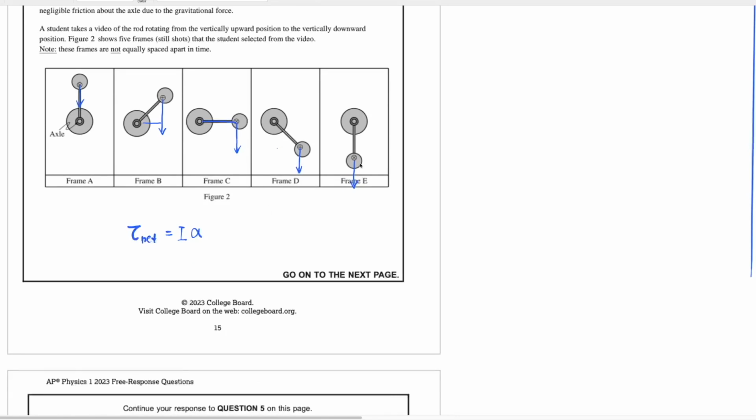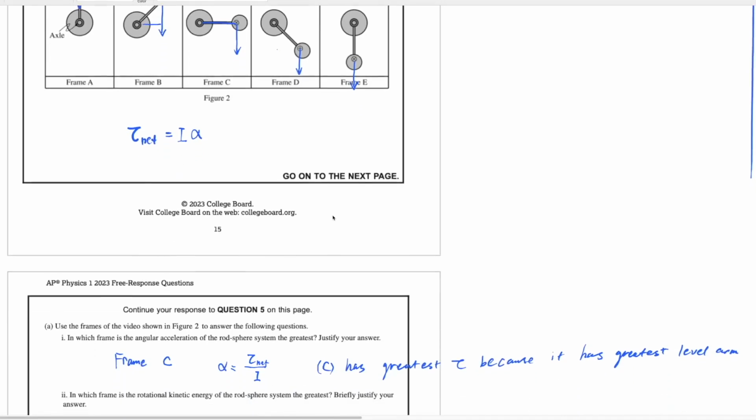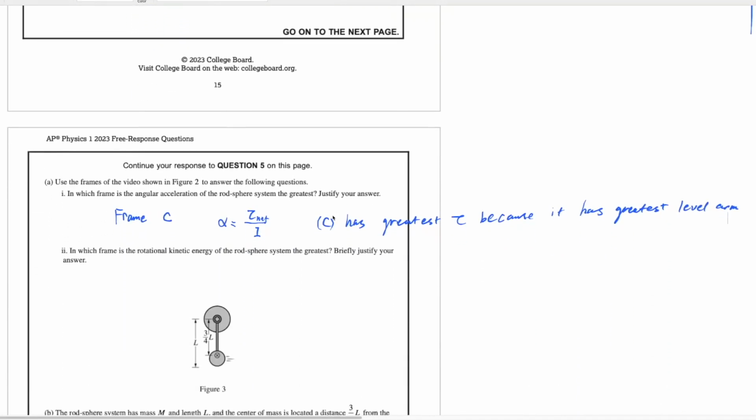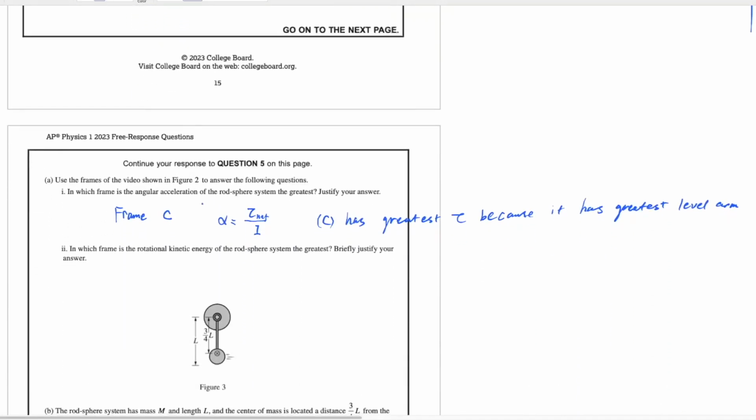So which one has the greatest kinetic energy? That's the greatest change in potential energy, right? So the potential energy decreases most. That corresponds to the kinetic energy increasing most. So this one is at the lowest position. So frame E should have the greatest kinetic energy.